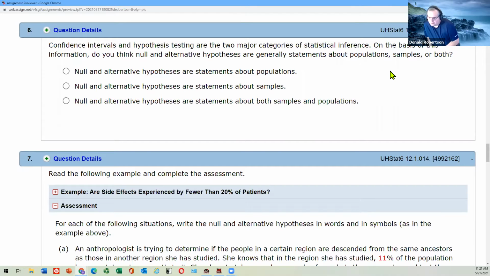When we say the null hypothesis P equals 0.5 and the alternate P is not equal to 0.5, when we do that, are we talking about the population parameter, the sample parameter, or both? That's the question. So which of those three is it? We are talking about which one of these three?